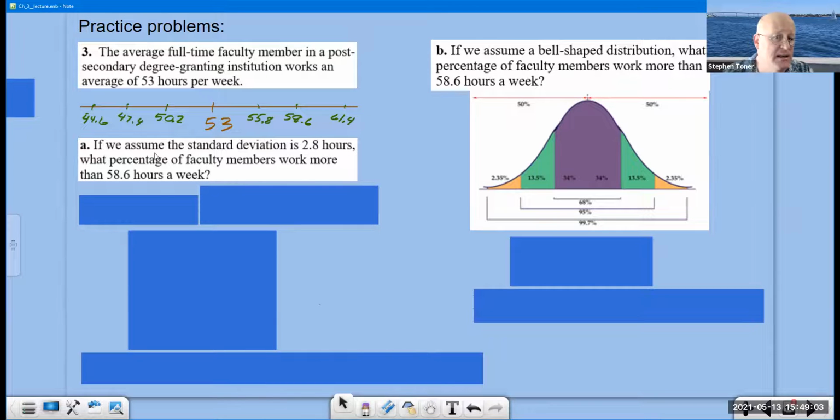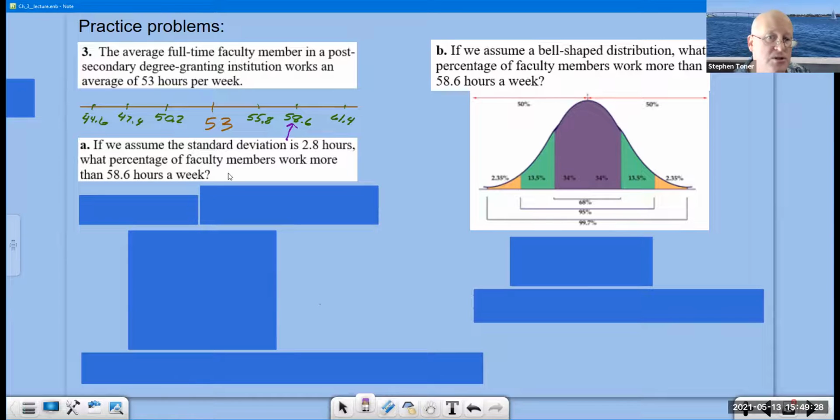And then it says, if we assume the standard deviation is 2.8 hours, you can see that I added 2.8s 3 times to the right and 3 times to the left. What percentage of faculty work more than 58.6 hours per week? Okay, there's my 58.6 right there.